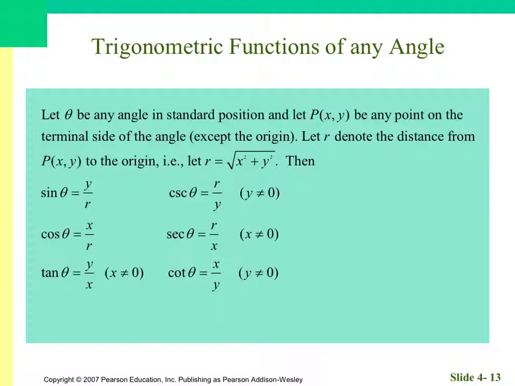So, trigonometric functions of any angle. Let theta be any angle in standard position. Let P, the point (x, y), be any point on the terminal side of the angle, except the origin. Let r denote the distance from the point (x, y) to the origin. Let r equal the square root of x squared plus y squared. Now watch, this is why.